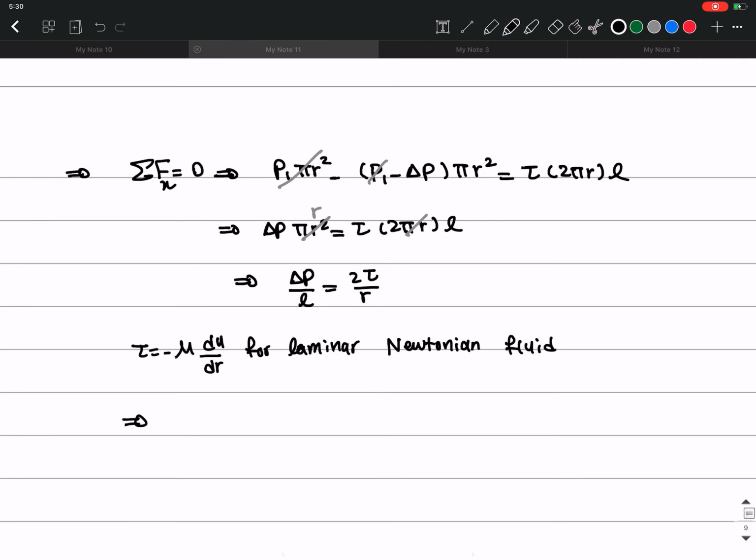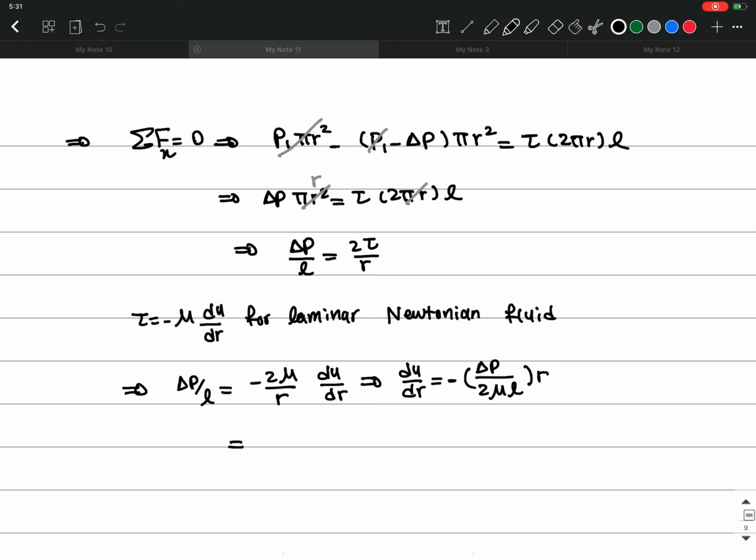And so I can write delta P over L is minus 2 mu over R du over dr. And therefore, du over dr is going to be minus delta P over 2 mu L times r.